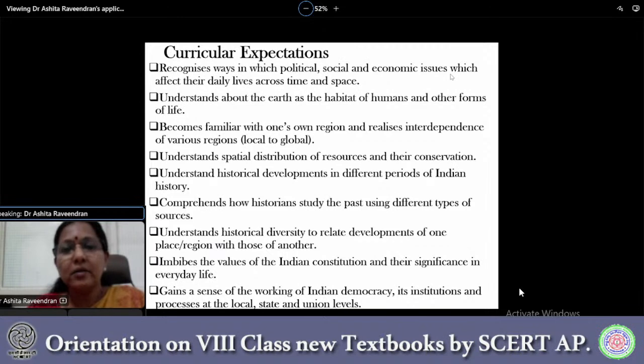We are making the child think about what problems are associated with this democratic setup, where we fail, and how we can act as citizens of this country and ensure that democracy is maintained as it has been envisaged in our Constitution. So these are our curricular expectations of a learner after learning the social sciences.